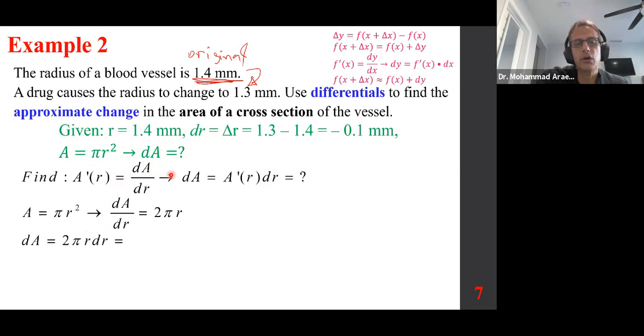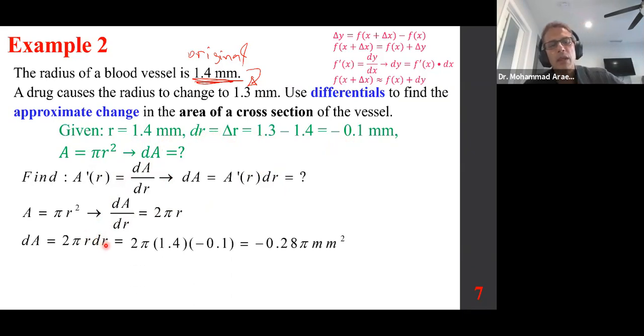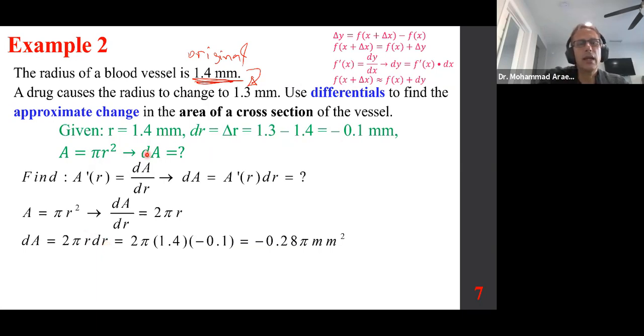The units are important. dr, or delta r, is negative 0.1 millimeters. And when you do the math, you get negative 0.28 pi millimeters squared. The area and the differential have the same units. And the reason is because this is 1.4 millimeters and this is minus 0.1 millimeters. So that's why it gives rise to millimeters squared.